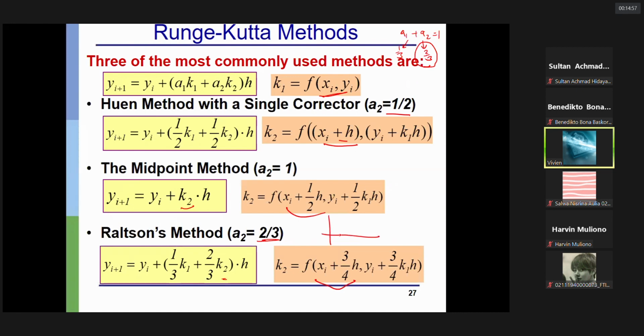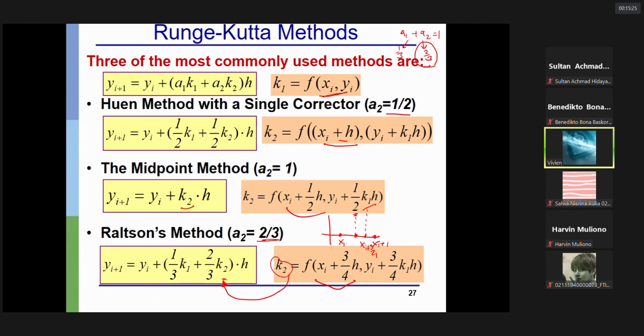So if we have xi here and xi plus 1 here, half is here, so this is xi plus half. When we calculate the slope here, that will be the midpoint method. If we choose the value at xi plus 3/4, it will be here. Then we find the slope, which is the slope of k2, insert it here, and find the result.